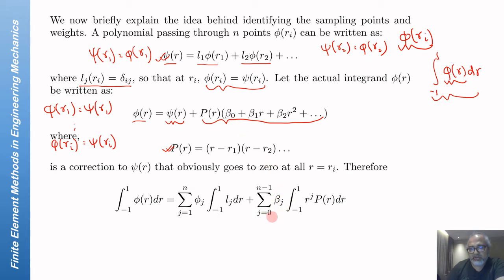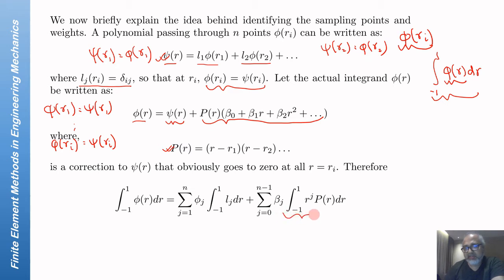So beta j, j goes from 0 to n minus 1. So it includes beta 0, beta 1, etc., and r to the power j times pr dr.